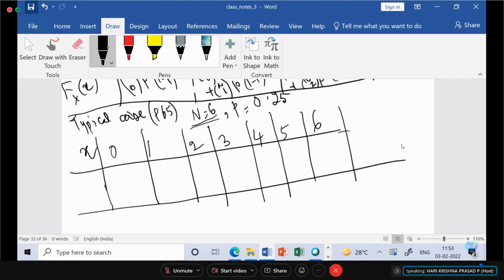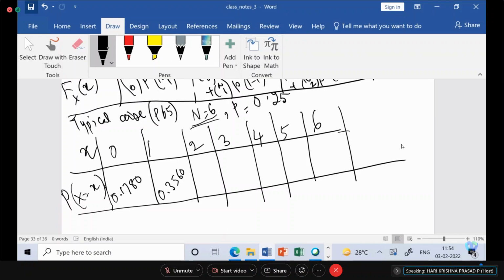Then what is the probability of occurrence of various repetitions of the desired event? For x equal to 0, I am taking those numericals straight away. If you have the book, you can cross check.